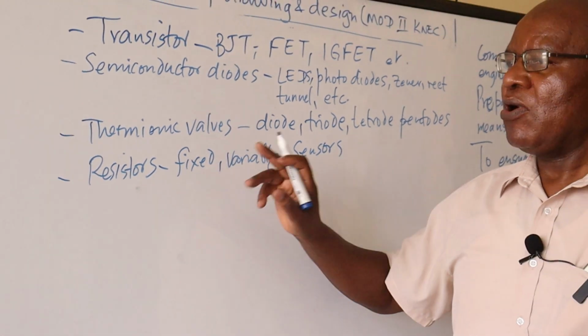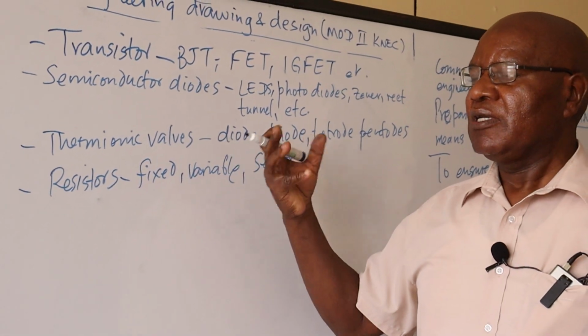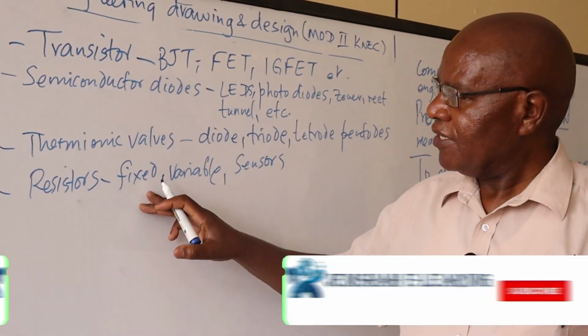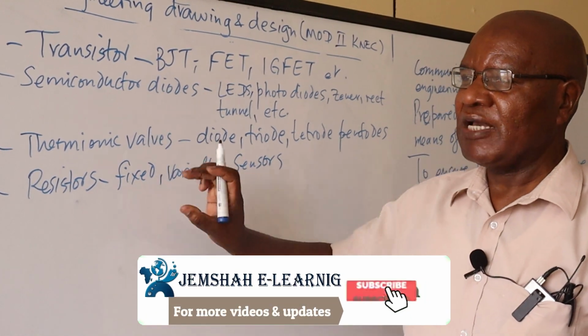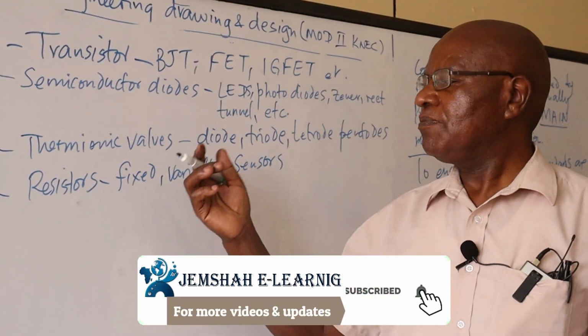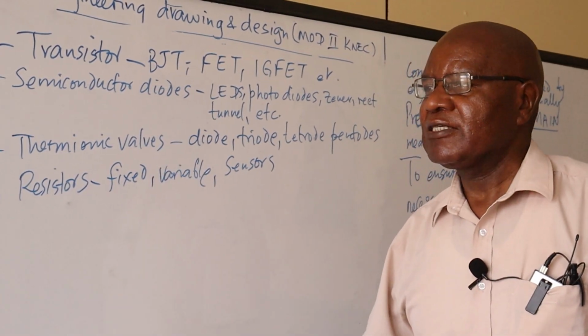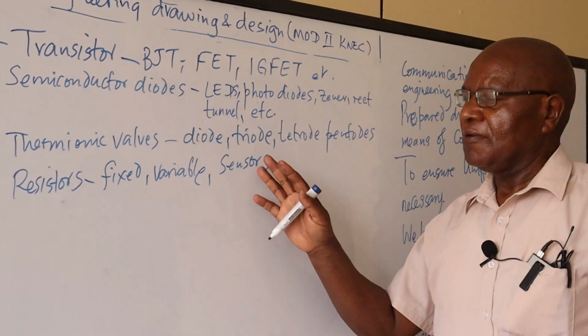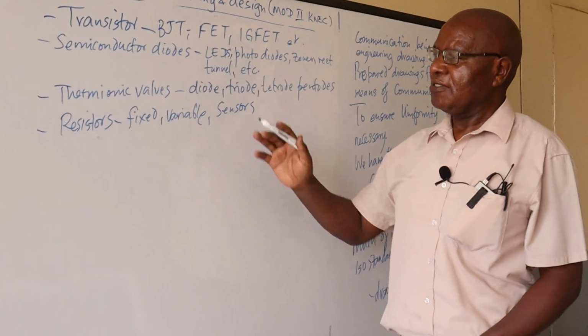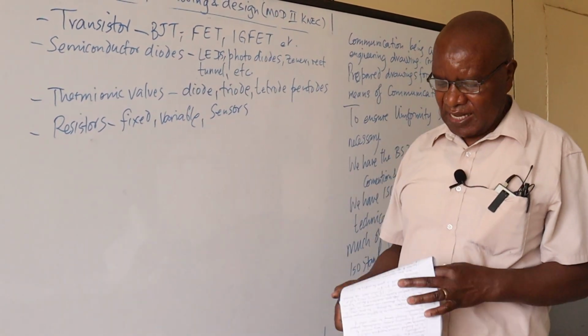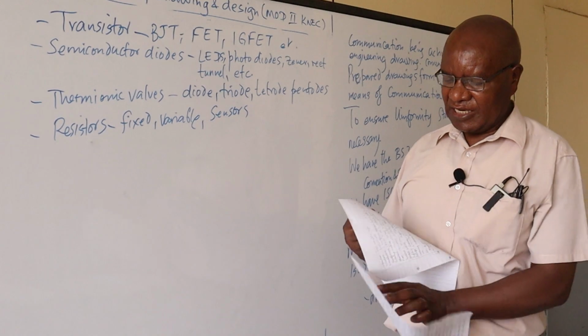Is it wire wound? Is it carbon? And the various types again. Now sometimes you might find the symbol is kind of standard. It cannot tell you which particular component it is. So sometimes you need an index to say the resistor there is such and such, so that you know the ones in case the components have to be manufactured.